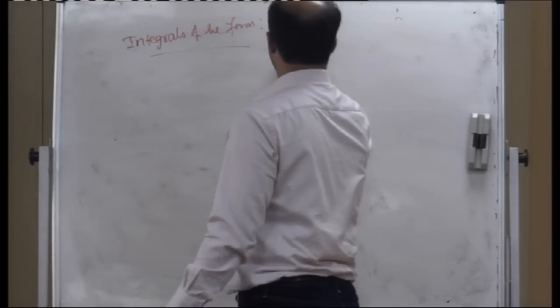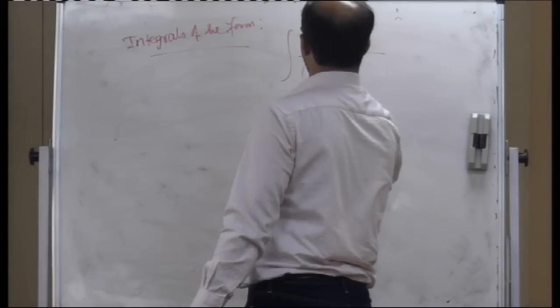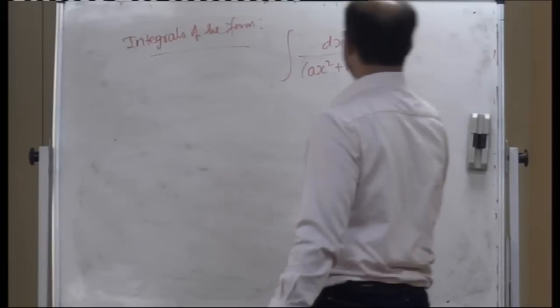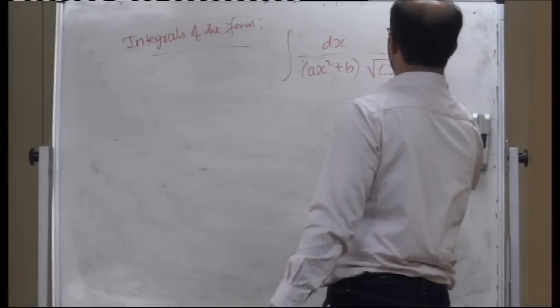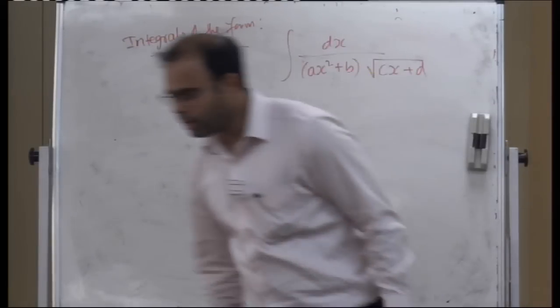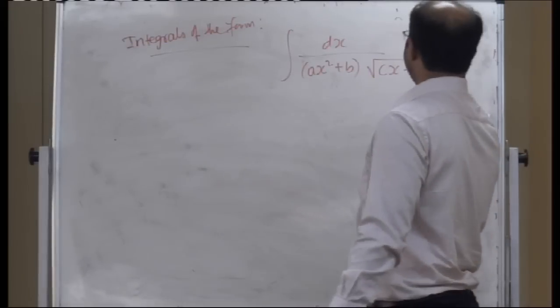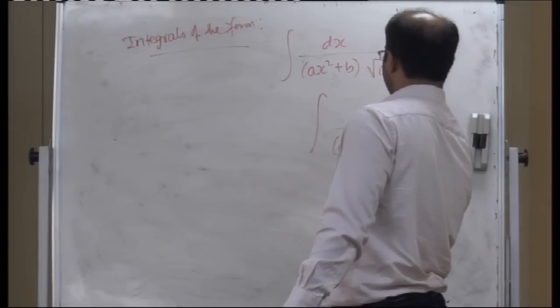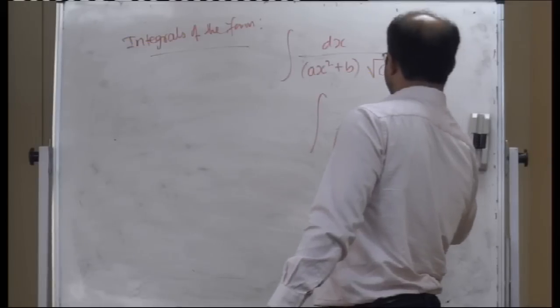dx upon ax square plus b into root over cx plus d is a type of integral, or it could be of dx upon ax plus b into root over cx plus d.